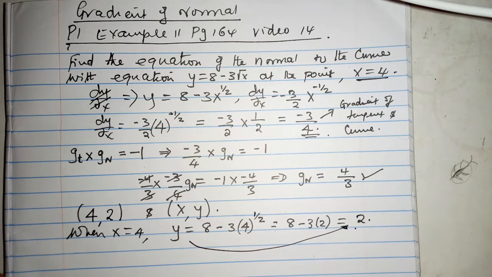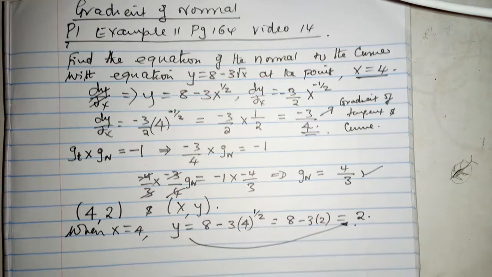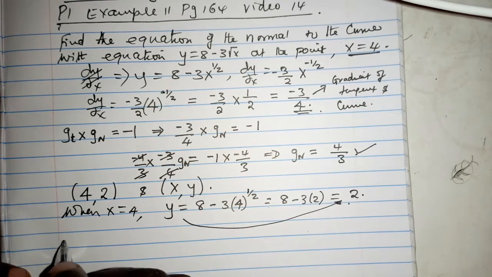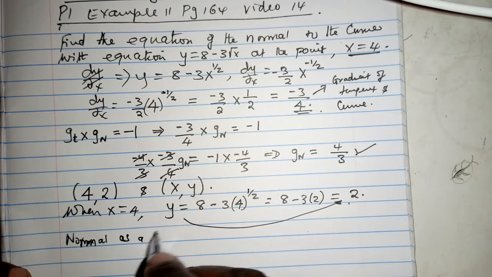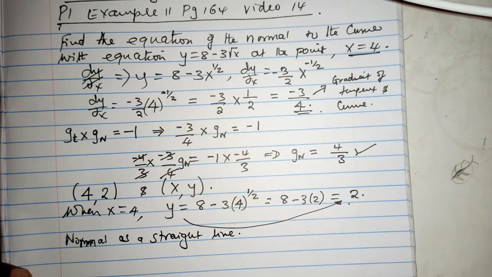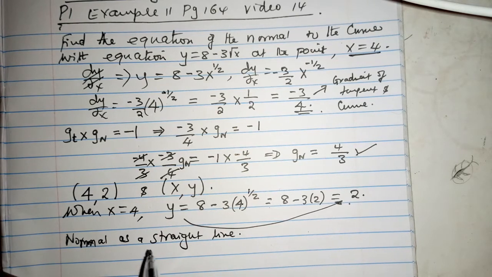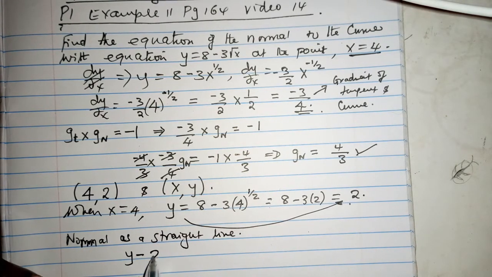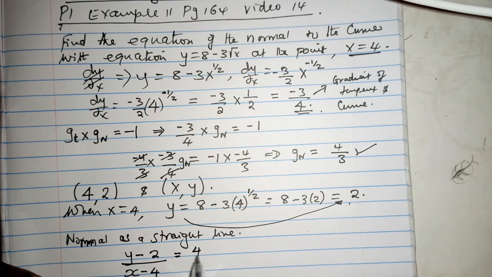What does that mean? The change in y over the change in x should give us the gradient of the normal, because the normal is a straight line. We know very well that y minus 2 all over x minus 4 should give us 4 over 3.